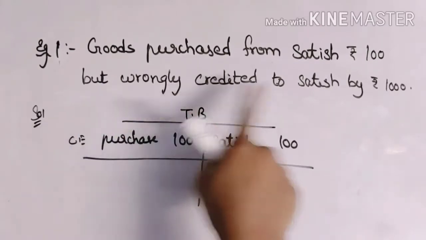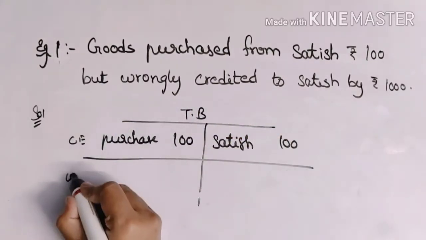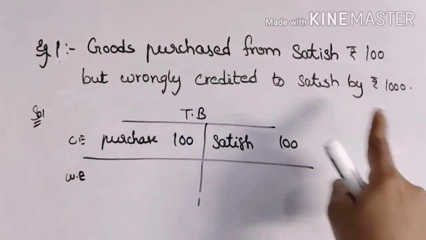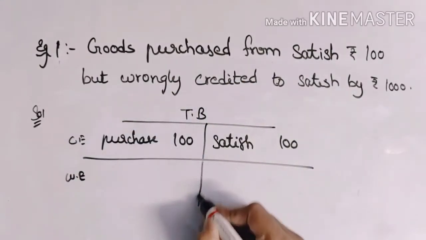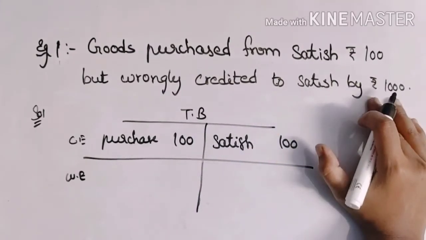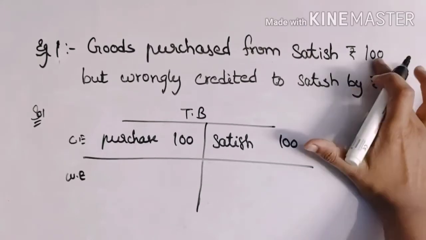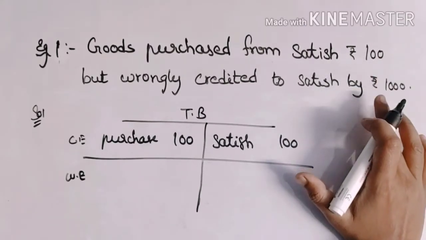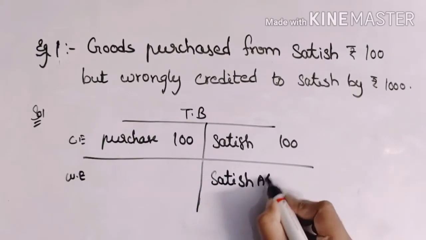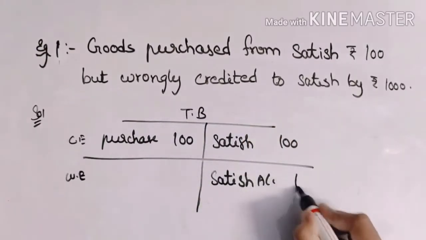Now what they have written wrongly, the wrong entry, is but wrongly credited to Satish by ₹1000. See, the Satish account is credited by ₹1000, which is wrong. The actual amount to be credited is ₹100 but it is credited as ₹1000. So this is the wrong entry. In the Satish account they have credited by ₹1000.